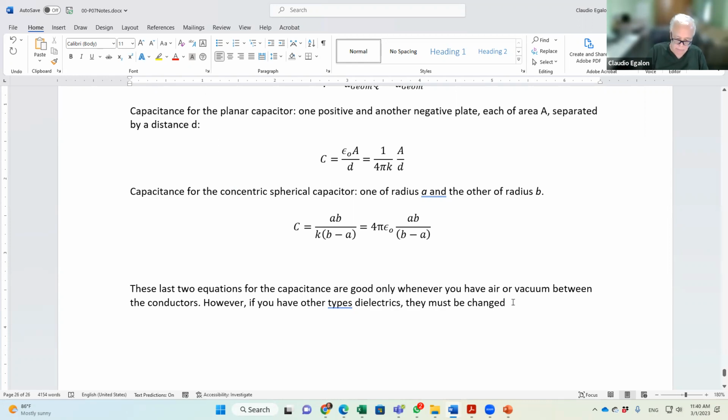The new capacitance becomes multiplied by a dielectric constant that we call kappa.